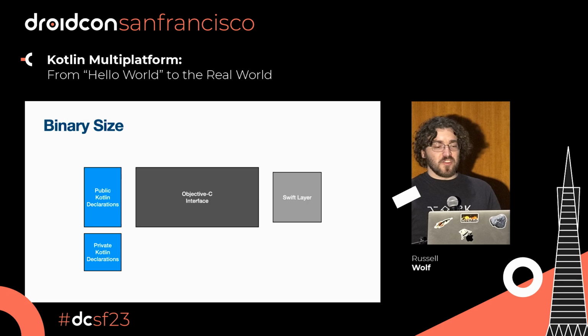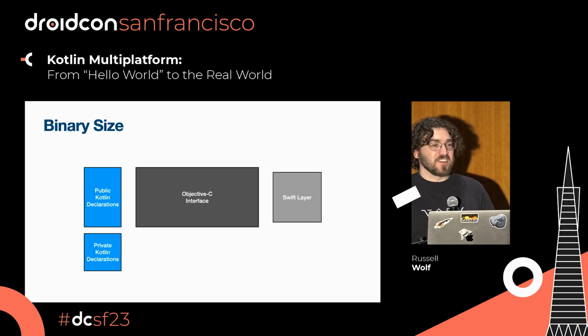A related concern that comes up as you're growing is dealing with the binary impact of your Kotlin code. Your hello world is small, but in the real world you want to avoid getting too large as your code base starts to grow. There's a subtle thing that can happen here where the way that Kotlin Native talks to Swift is through Objective-C. And it turns out that the way that bridging layer is generated adds a lot to your binary.